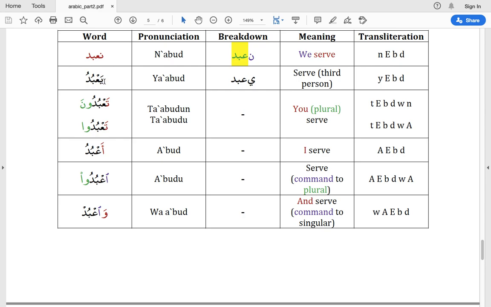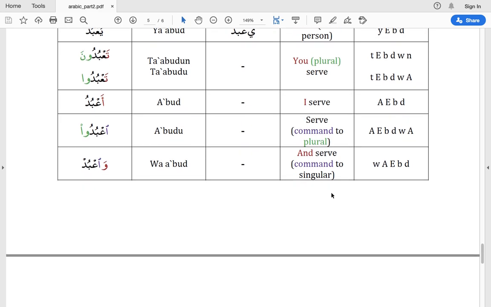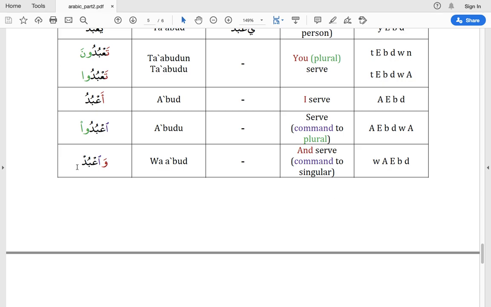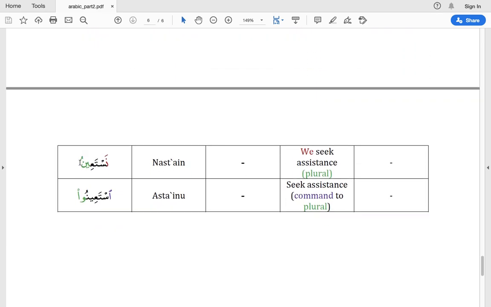A ya in the beginning means that it's a third person, and alif with an ain at the top means I, it's me who's talking. And alif with this character at the top, I think it's called lam usul, anyway, this character at the top means that it's a command to a plural or a singular, depending on what the ending is. Now, finally, we have nasta'in.